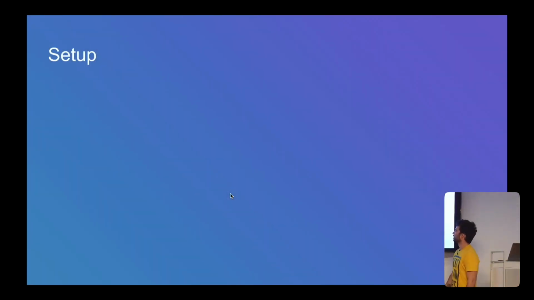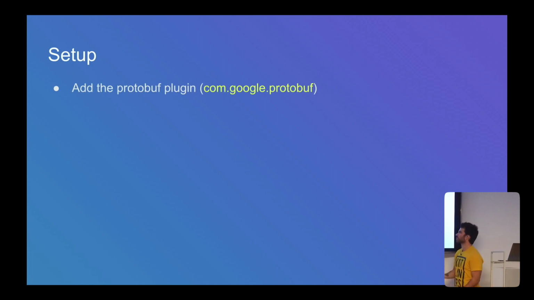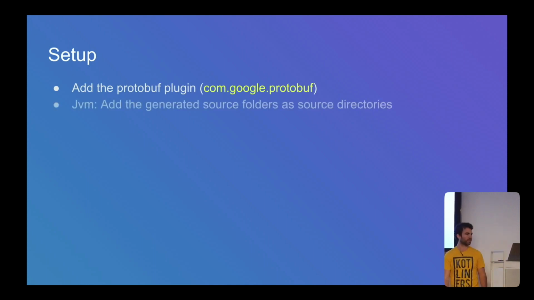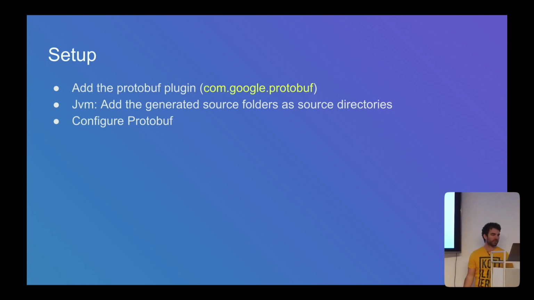So the setup. This was the trickiest part, in my opinion. The first step is easy, just add the plugin to Gradle. Then there is one that is not really well documented. I haven't found any documentation about it, but luckily Stack Overflow was helpful. Then you have to configure the Protobuf plugin.